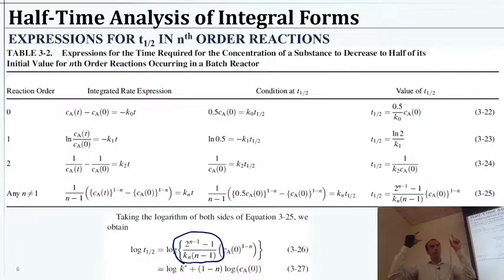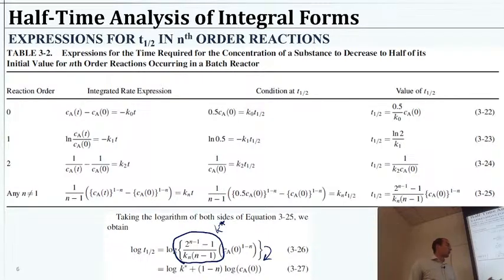But because it's a log, we can take that 1 minus n and bring it out front. So we just derived this 3-27 from this equation by calling this k star, as we like to do. Simplify things a bit, pull out the exponent in the logarithm, and we have this equation.